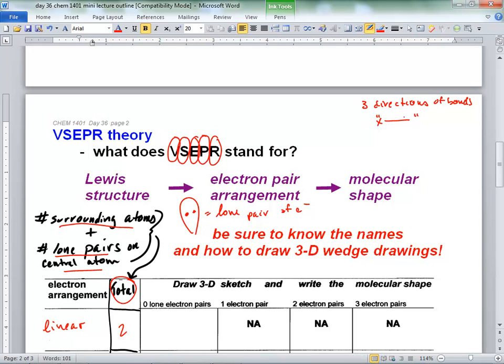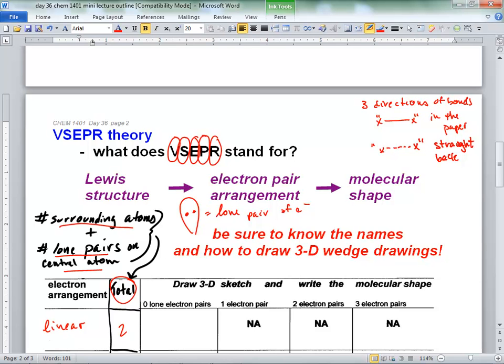But the point is, if you draw a solid line, that means that bond is in the paper. If you draw a bond between 2 atoms that is dashed, not solid, that means the bond is going straight back from the paper.